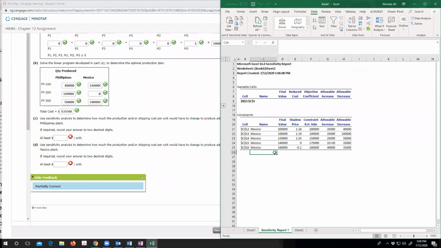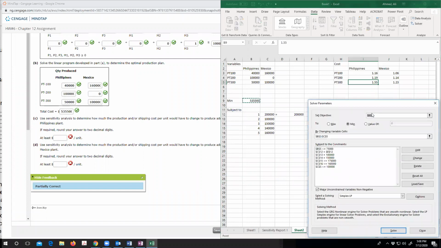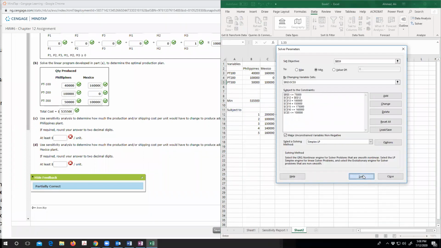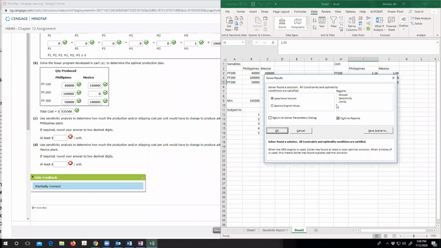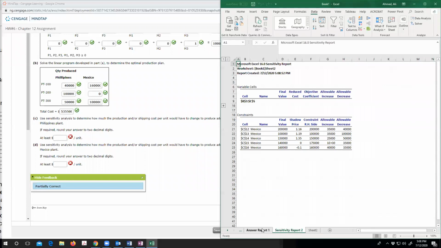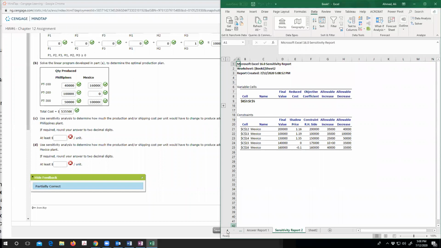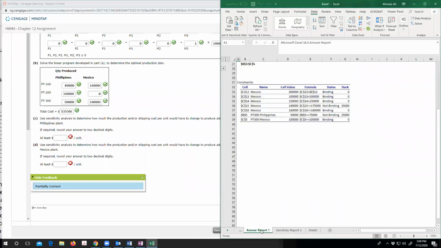And if you go in here, did I press sensitivity in the solver? Okay, let's go back here. Let's do simplex, let's do solve. Sensitivity. This is showing me Slack. This is the second report.